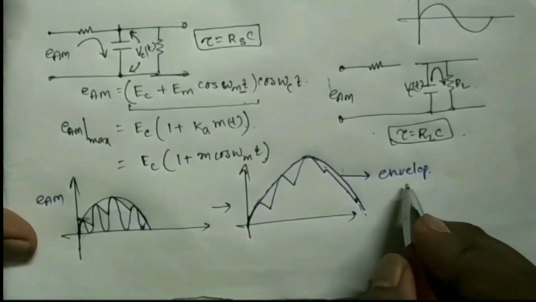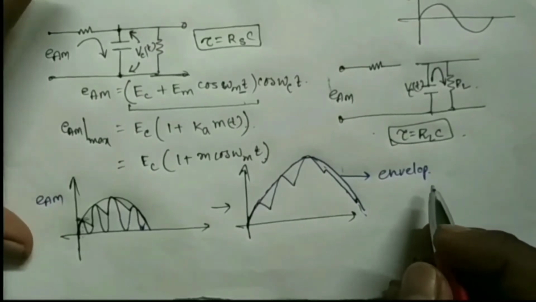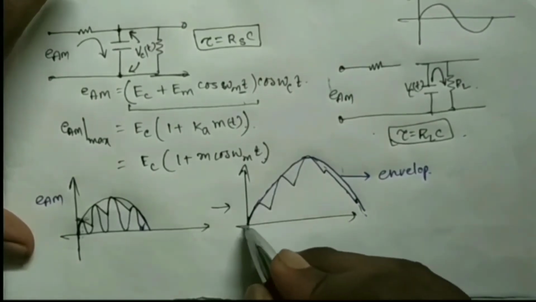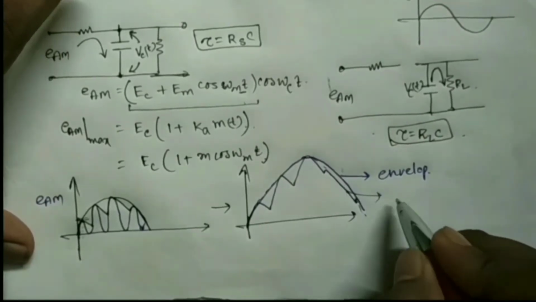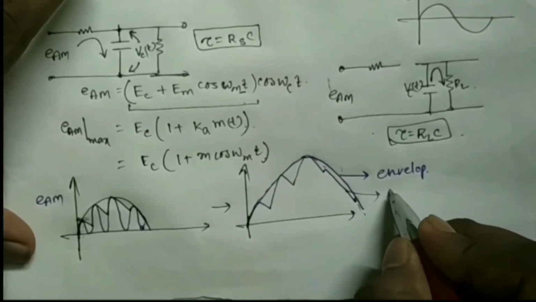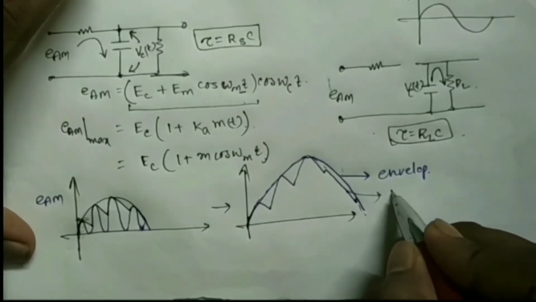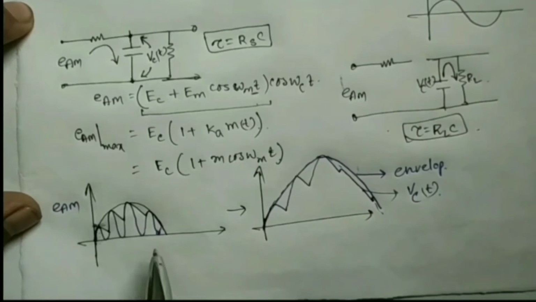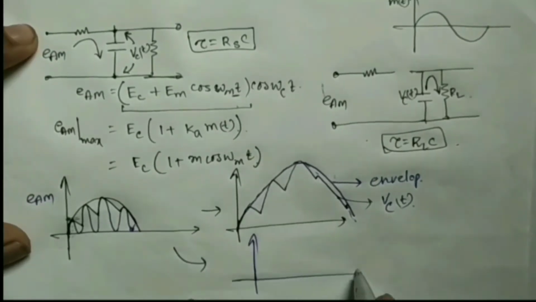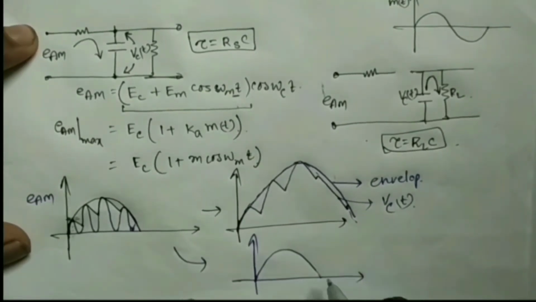As we know, the envelope of a signal is the outer lining of that signal, and this in black is the capacitor voltage graph, that is the graph for VCT. So if our input is like this, the output VOT will be like this.